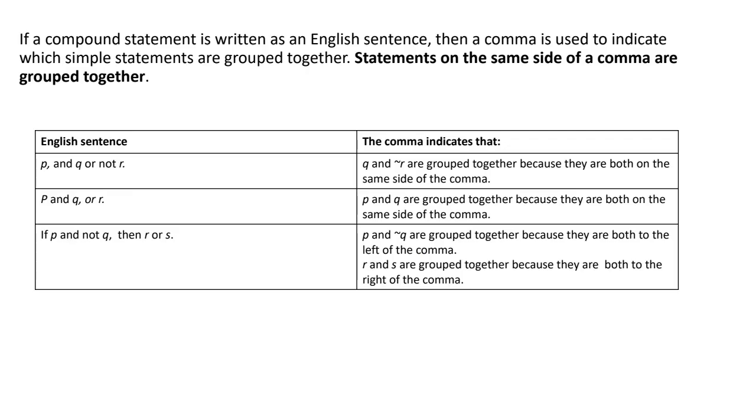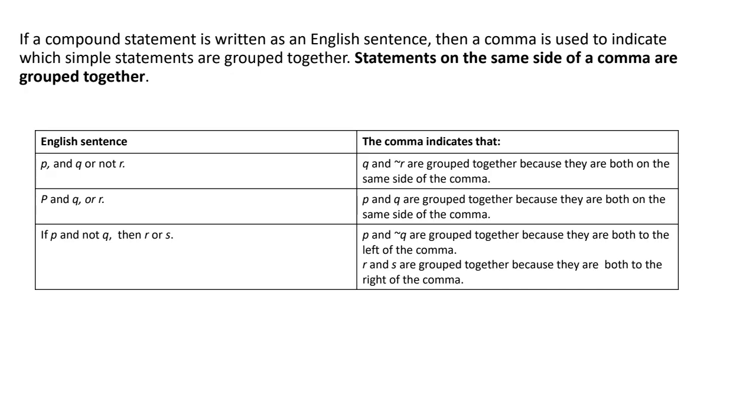So as mentioned before, in English, we use a comma. Statements on the same side of a comma are grouped together. For example, in an English sentence, if you have P, comma, and then Q or not R, since the Q and the R are to the right of the comma, those are grouped together. Notice the P is by itself.